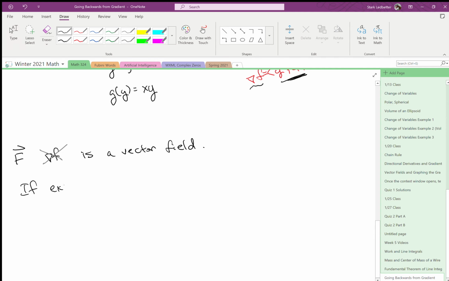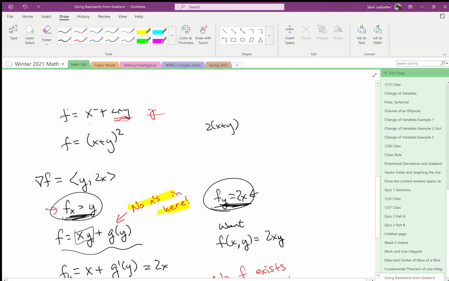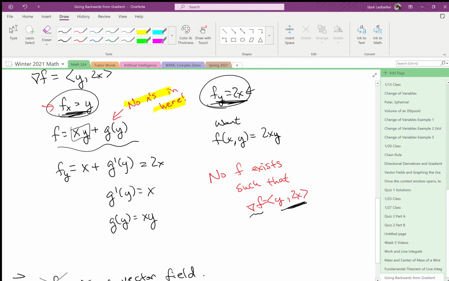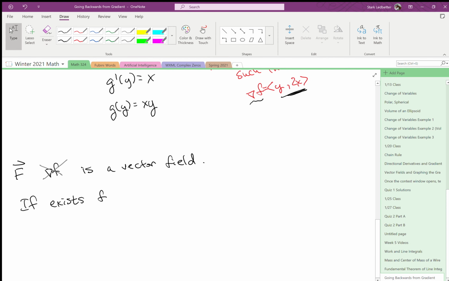If there exists some scalar function f, right? The little function was a scalar function. We always found it was just a normal function. It takes numbers x and y and returns a number. The big F takes numbers x and y and returns a vector.